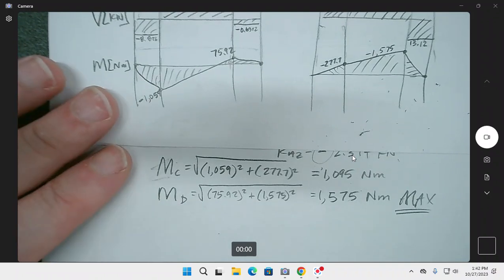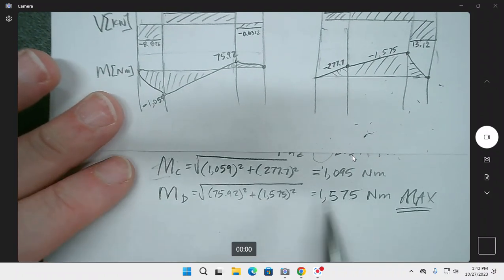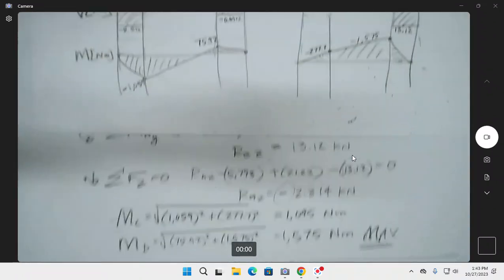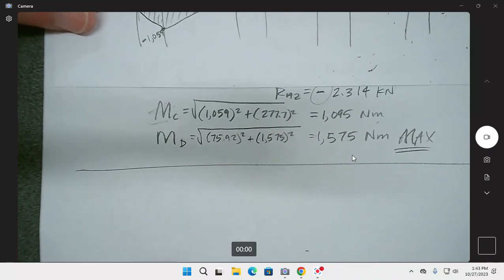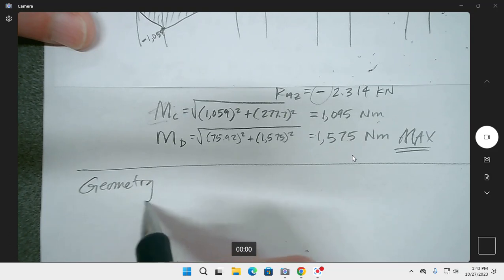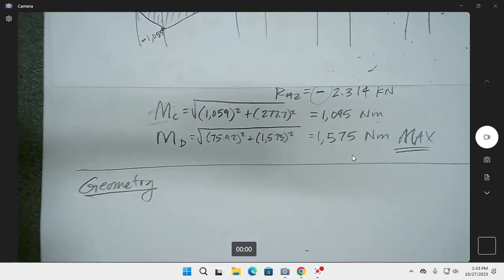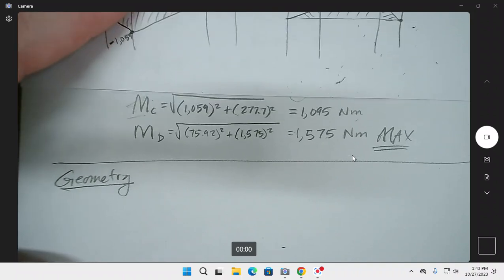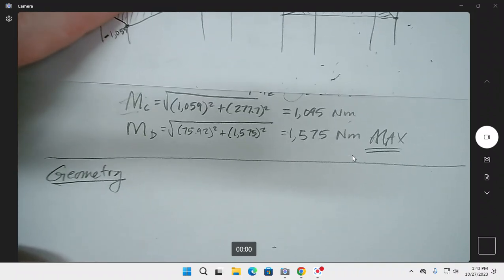So this is the end of the loads section. We did all the loads up here. I didn't do any geometry section, so let's do a geometry. Instead of just finding the area, we don't need the area in this case because we don't have any axial loads or transverse shears.